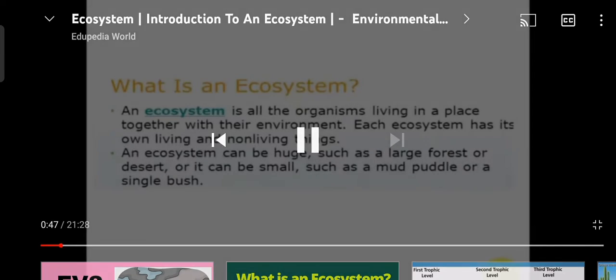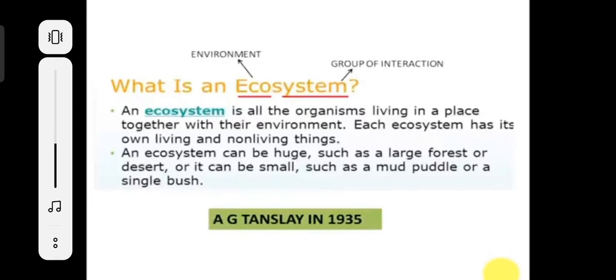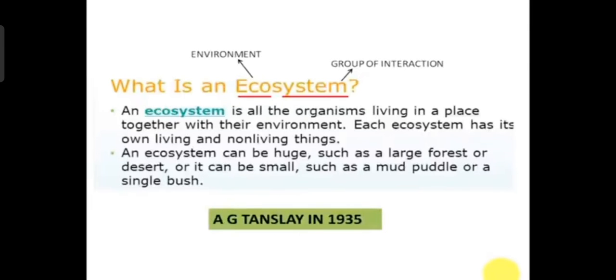An ecosystem consists of two words. One is eco and another is system, right? Eco means environment, and system is a group of interactions where a lot of interactions are taking place.